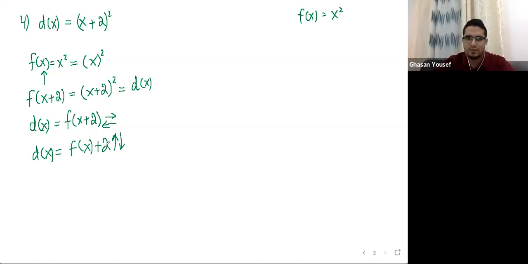The 2 inside the parentheses means left and right, while the 2 outside the parentheses means up and down. We graph the original function, and then shift it up and down or left and right, depending on c. Here we have positive 2 outside, which means up. Here we have positive 2 inside, which means left. So to graph this function d of x, we have to graph the original function. This is my original function.